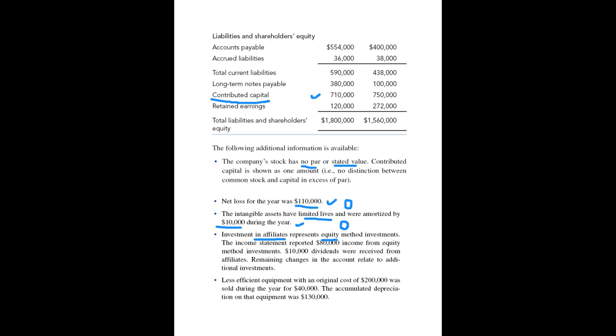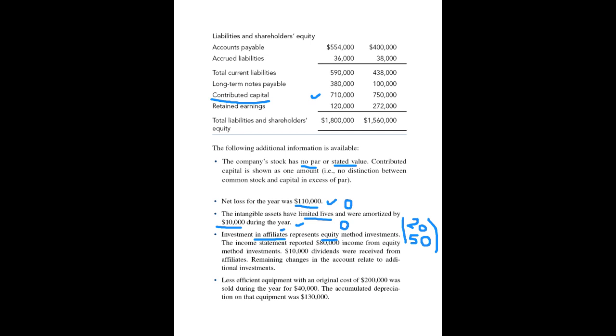When we use the word affiliates, it means that Ellen has an investment from 20% to 50%, not more than 50%, because if it goes beyond 50%, then Ellen will be a parent company and will have subsidiaries. But here they say affiliates, so the investment range is between 20% to 50%. This is one thing. It represents the equity method investment.